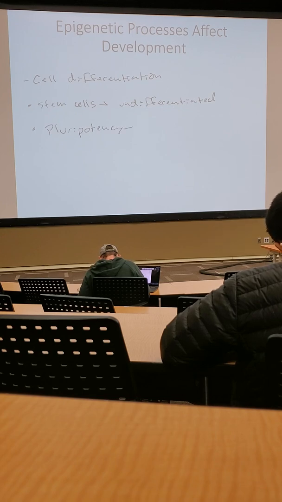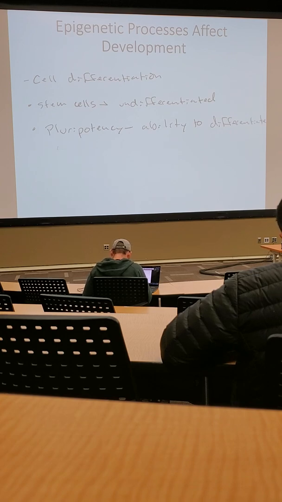That's the ability to differentiate into any type of cell. They kind of go hand in hand. I have to take a cell, I have to differentiate it, so I'm just going to have a word to describe that capacity, pluripotency.